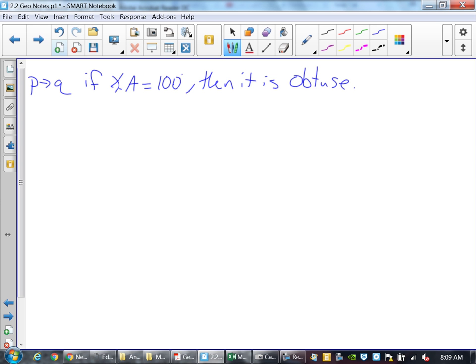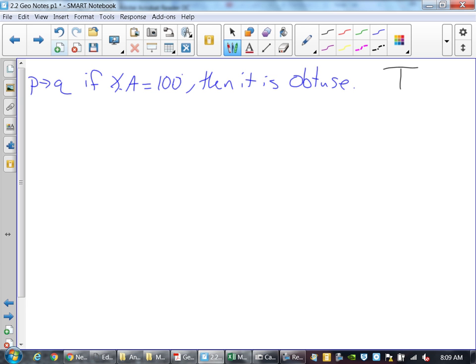True or false? True. Obtuse angles measure more than 90 degrees and less than 180. I know that's true.